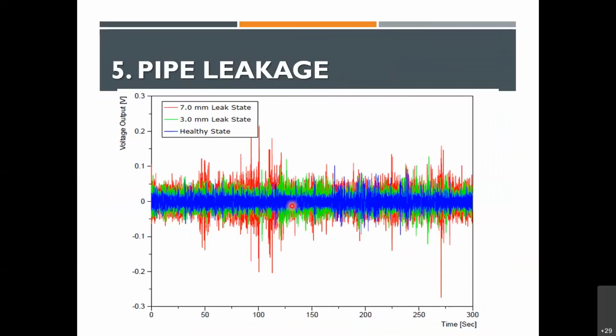And what we say is, yes, that's actually correct. Even if you look at the raw data, right from the healthy state to a 3 millimeter leak state, which is essentially you cut a 3 millimeter width with a saw in the pipe and it starts leaking, versus a 7 millimeter leak state, you can see at least a wider fluctuation of your voltage, and again the voltage signature gives you an idea about the leakage.